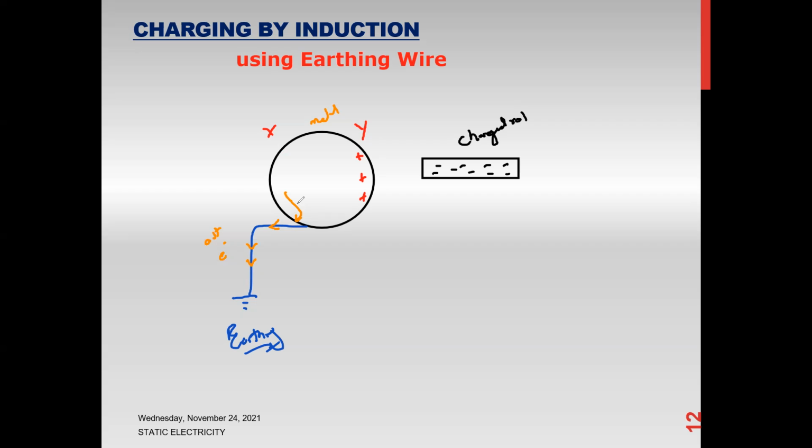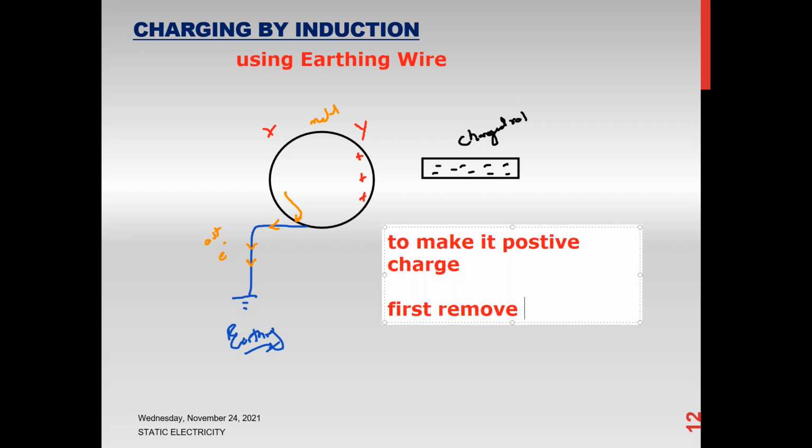So first remove the earthing wire, and then remove the charge rod.